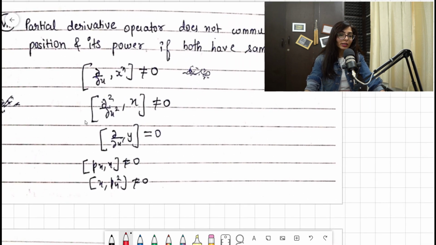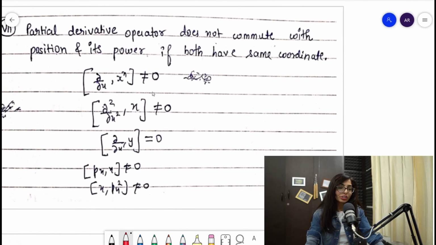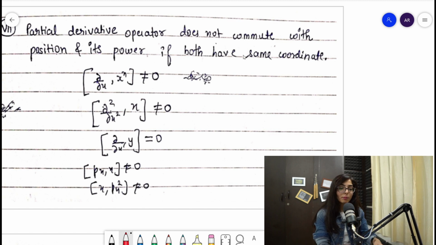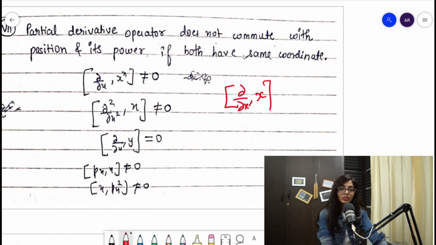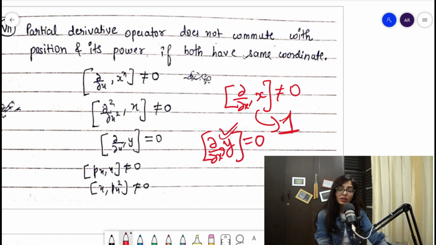Also, I need to tell you one more thing, guys: the partial derivative operator does not commute with position and its power if they have the same coordinate. Suppose it is [d/dx, x], that would be non-zero, because you know the value of that is 1, which is non-zero. If it is ∂/∂x with another coordinate, that will be 0; with the same coordinate it will be non-zero.